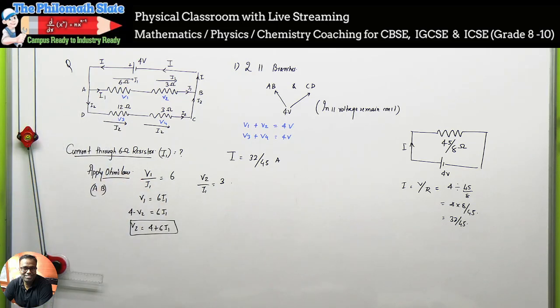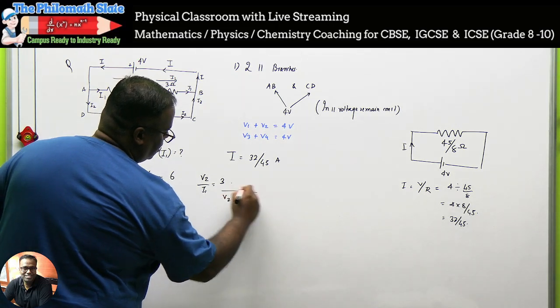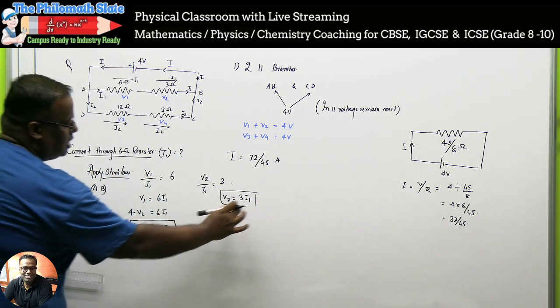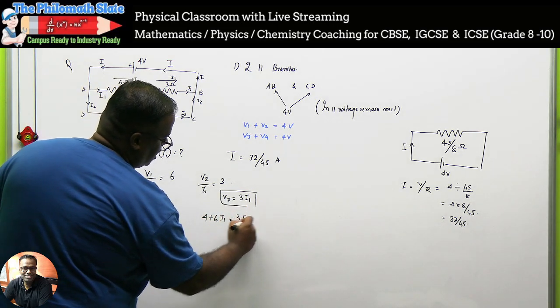Clear? And here also we have the value of V2: V2 is equal to 3 I1. Can we equate this side and this side now? 4 minus 6 I1 is equal to 3 I1.